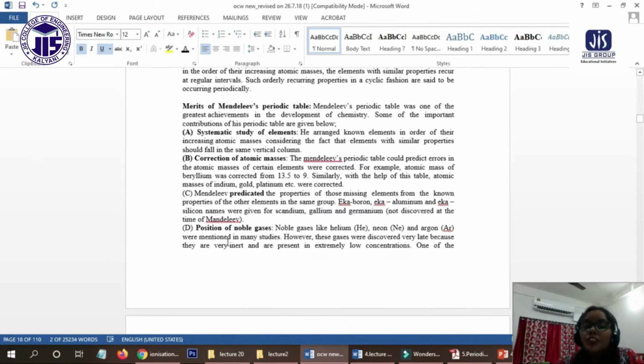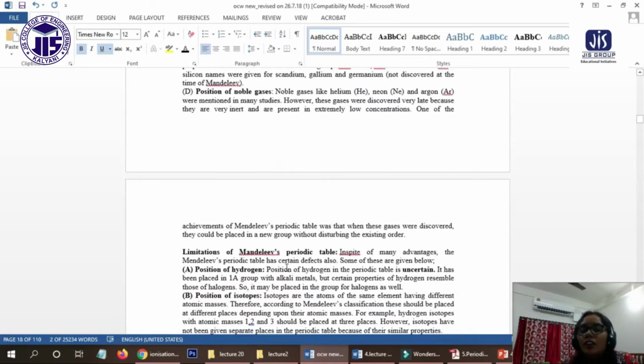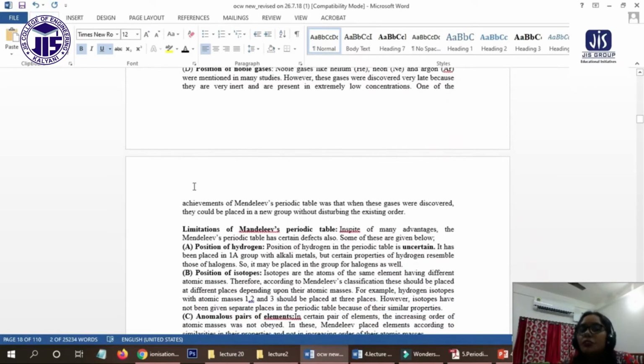Also we knew the position of the noble gases, like helium, neon and argon, after this periodic table.